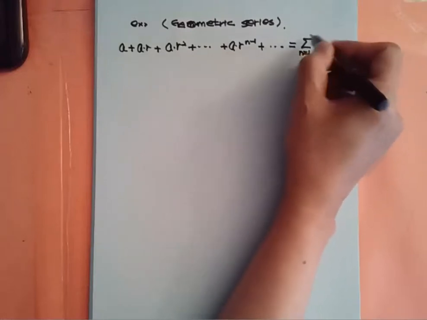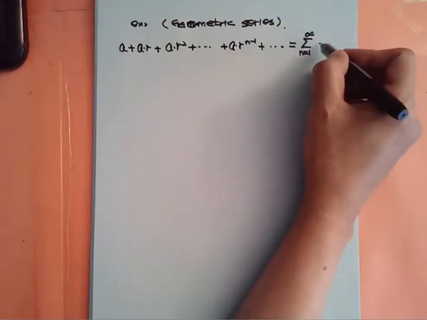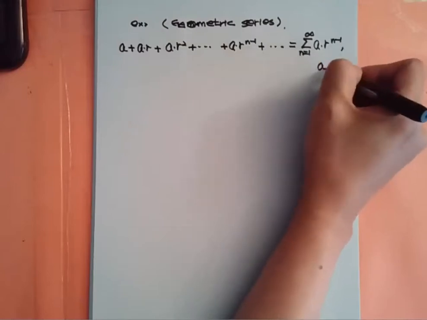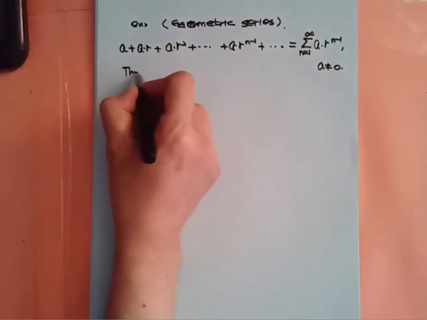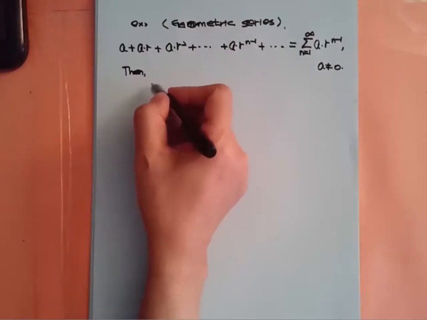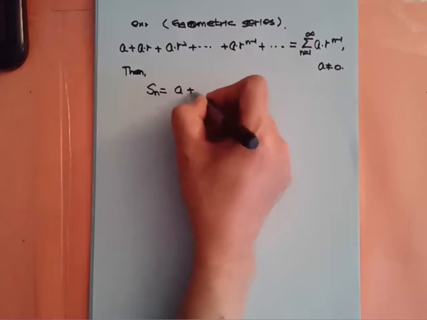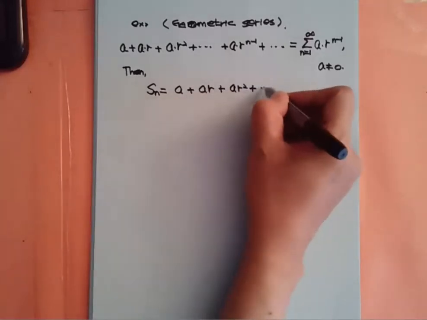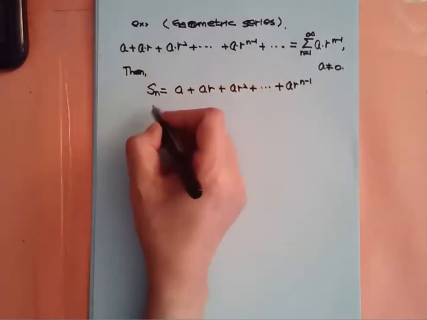The infinite sum can be written as the summation from n equals 1 to infinity of a times r to the n minus 1, when a is not equal to 0. Then the nth partial sum is a plus a times r plus a times r squared plus up to a times r to the n minus 1.